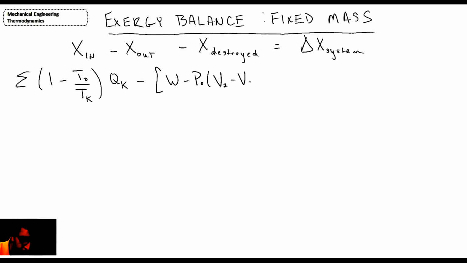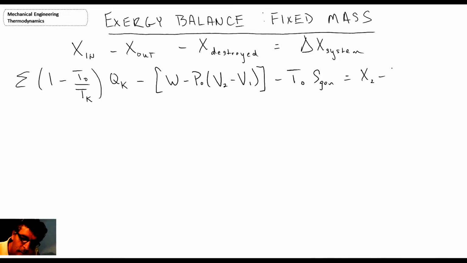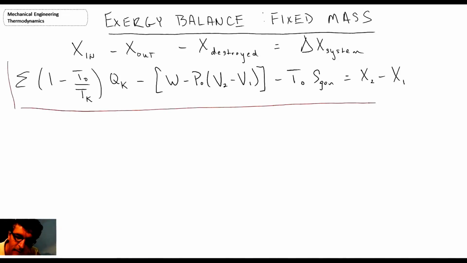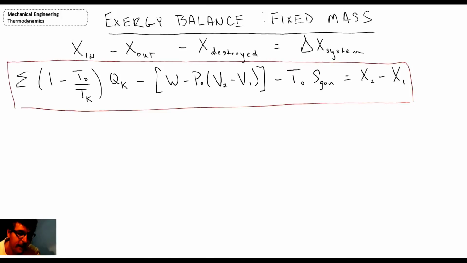Next, we have a work term that we correct for work done on the surroundings. So that is an equation that we could use for a fixed mass or closed system if we wanted to perform an exergy balance.